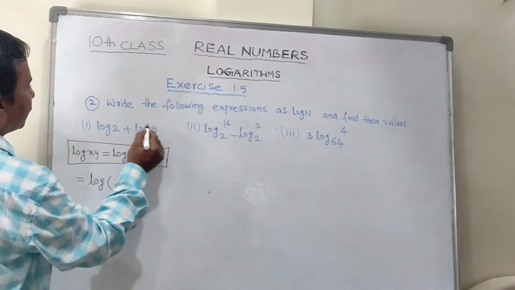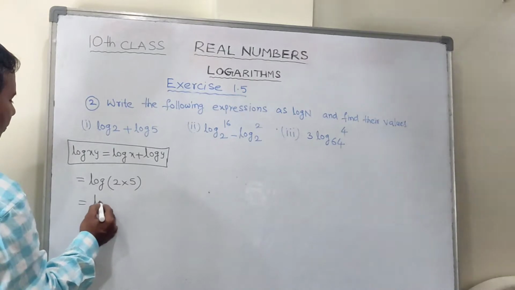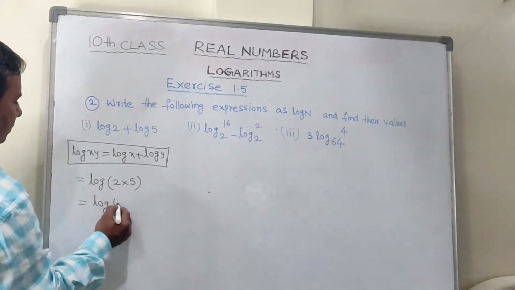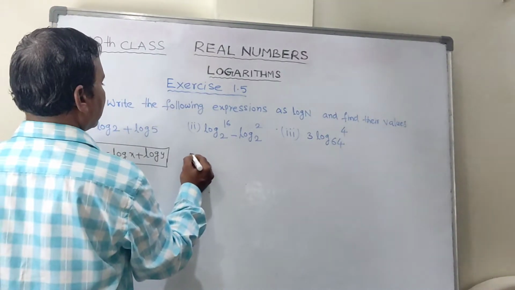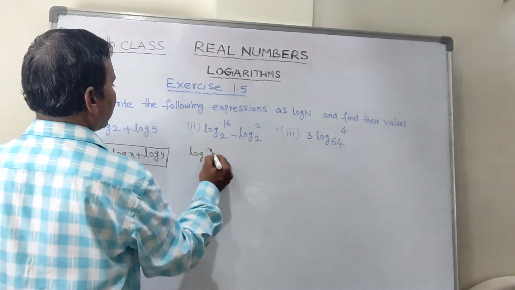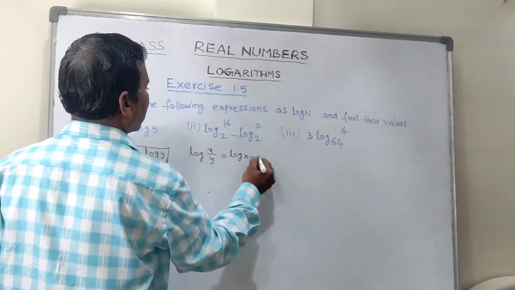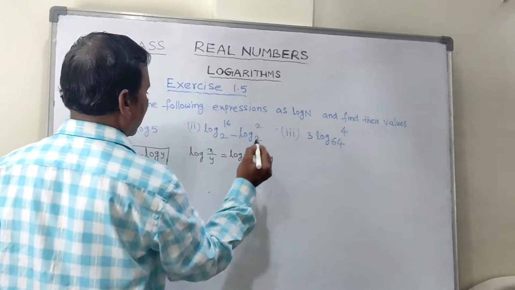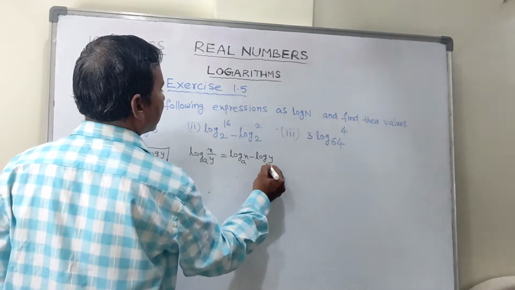X into y means 2 into 5. So this becomes log 10. This is the first problem. And here also use one formula, log x by y equals log x minus log y to the base a.